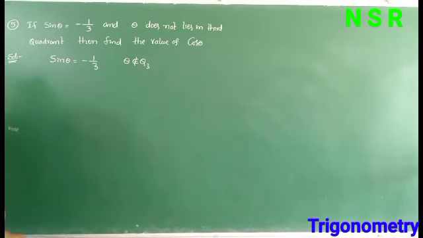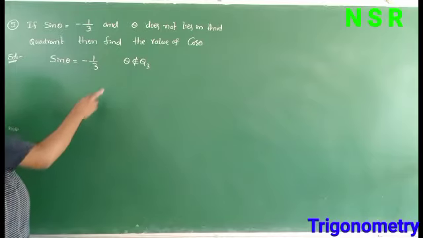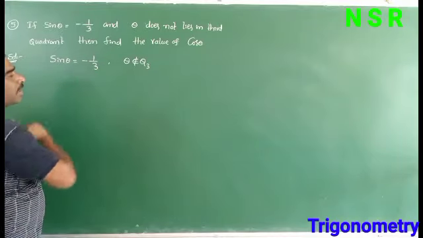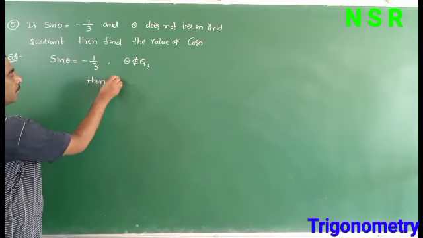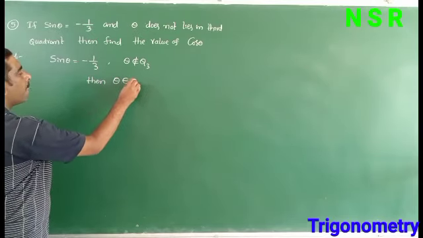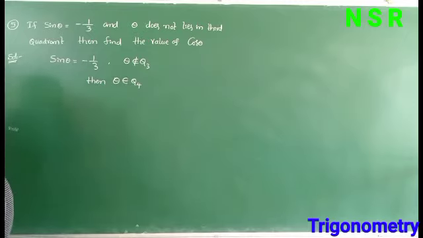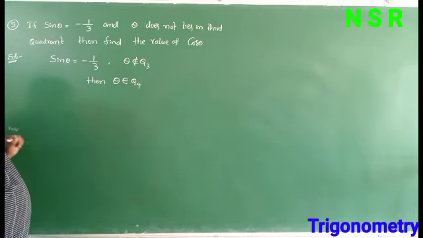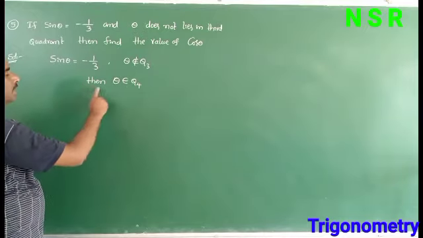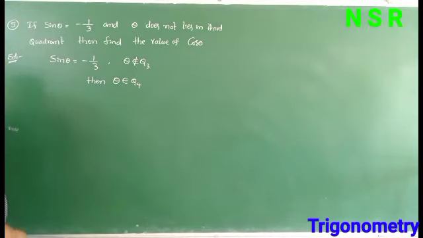So sin is negative in both third and fourth. But here given theta not belongs to Q3, then theta is belongs to Q4. Why? Because sine is negative in both third and fourth, but in question given theta does not belongs to Q3, then theta is belongs to Q4.